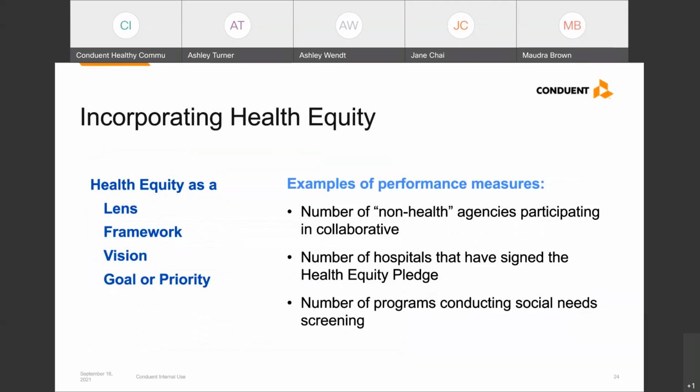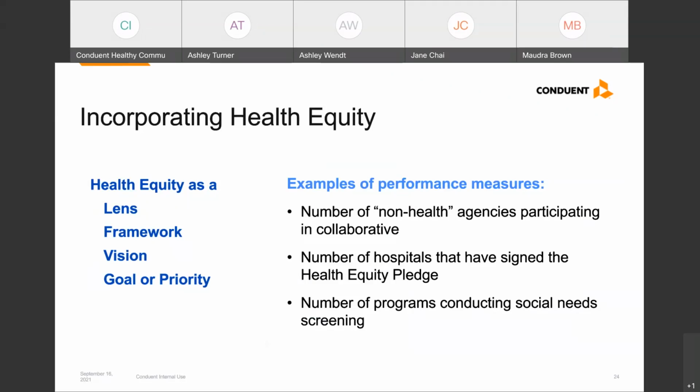We hear from our clients concerns and questions about how to incorporate health equity in their performance measures. I think a key concern is wanting to acknowledge that this is an important part of our work, but also wanting to be realistic about what can be done in 3 to 5 years. We've seen this done a few different ways. Some communities use health equity as a lens that informs how they look at indicators and targets for their plan.